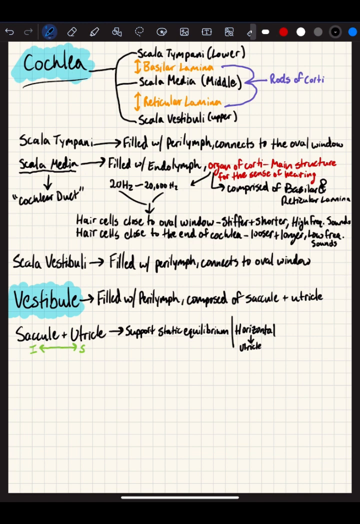And the vertical movement, which is kind of like if you're going down a roller coaster and it goes insane and you get that feeling where you're like, oh my God, I'm going down super, super fast, that's going to be basically your saccule going into overload mode, because that's what it tracks.